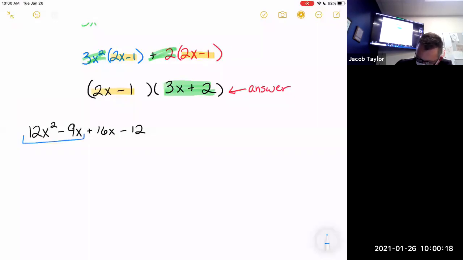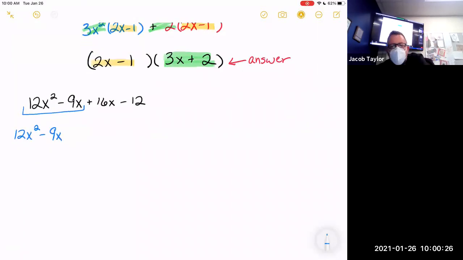So let's group these two together. What's the greatest common factor of 12x squared and 9x? One's a common factor, but it's not the greatest common factor. No, it's not 2. It's 3. 3 is the largest number 12 and 9 can both be divided by. And what about x squared and x? Just x.